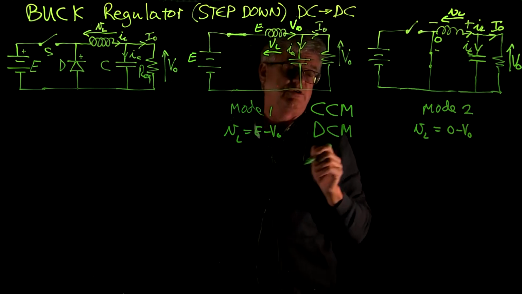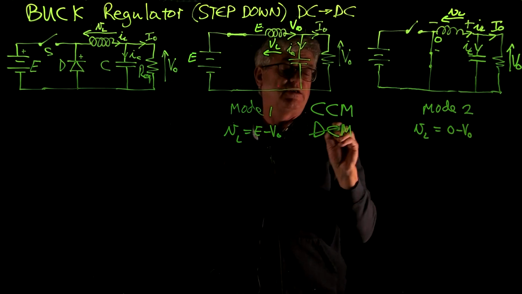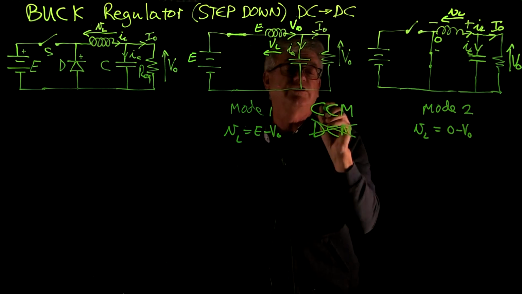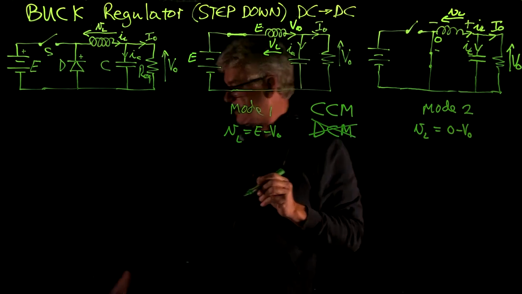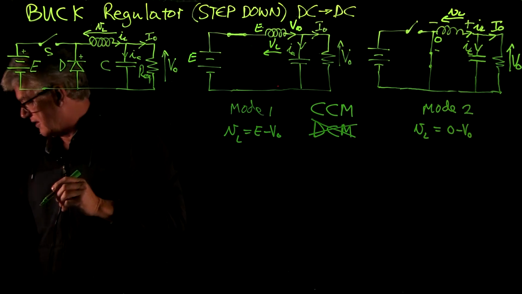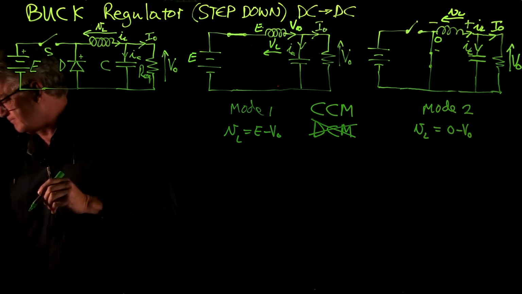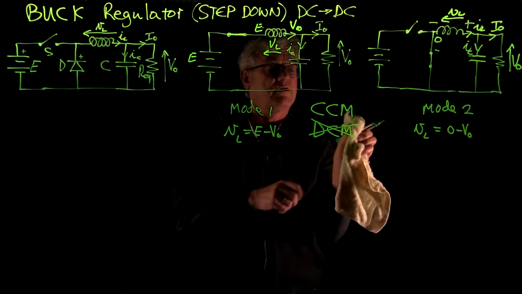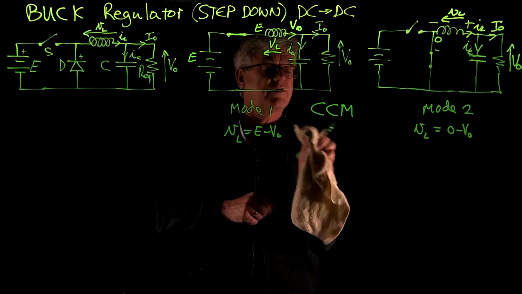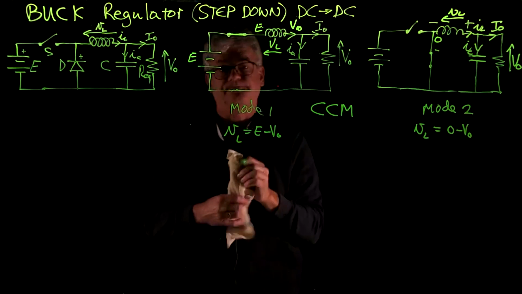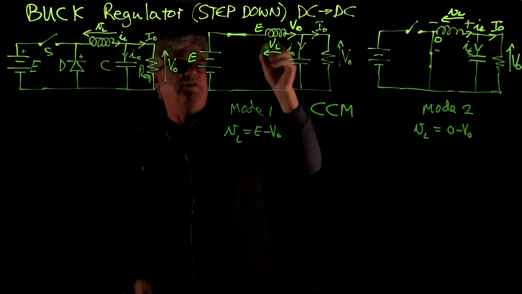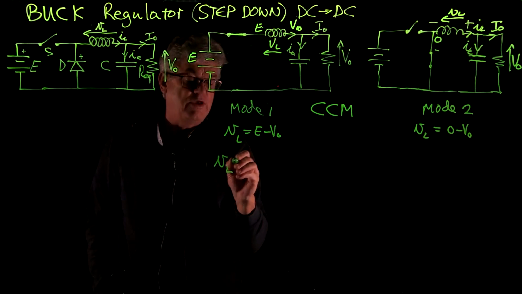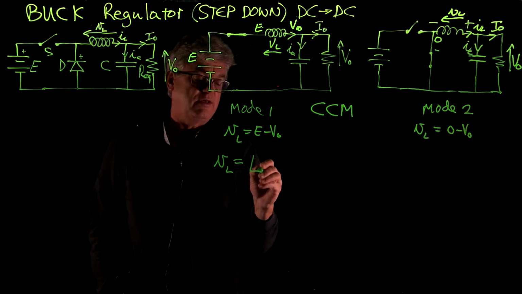In this course, we will not be looking at the discontinuous conduction mode. We will be looking at the continuous conduction mode, because that is the most prevalent way in which the buck regulator is used.